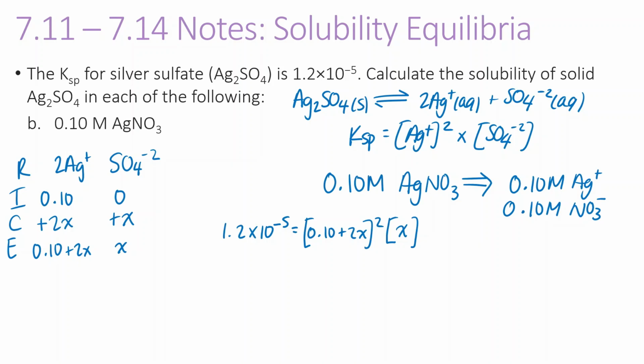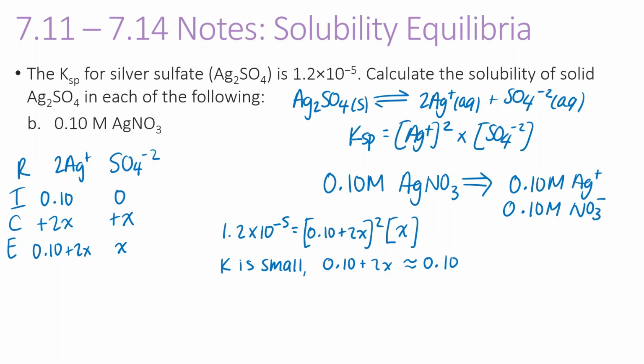So the way around this is to use my K is small shortcut. So if K is sufficiently small, it means that 0.1 plus 2x is pretty much just going to be equal to 0.1. X is going to be a really small number, so if I add it, it's not really going to give me much of a change.